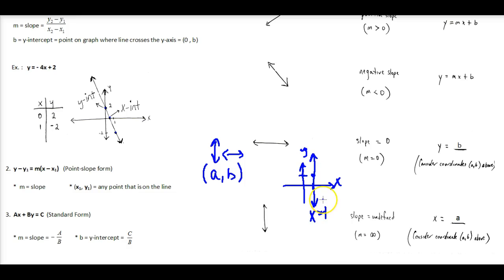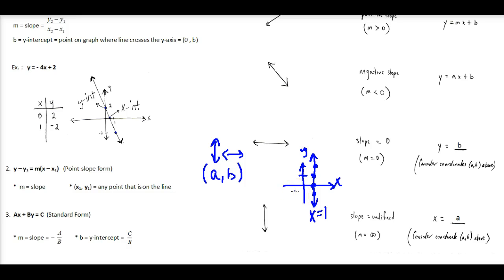And we know that because for every point that is on this particular line, we know that there is going to be an x-coordinate of 1 no matter what. So if we plot some of these points here, we'll see that we have the points (1, 0), (1, 1), (1, 2), (1, -1).